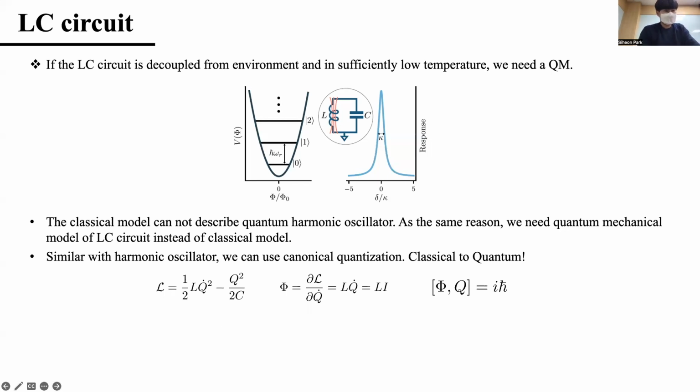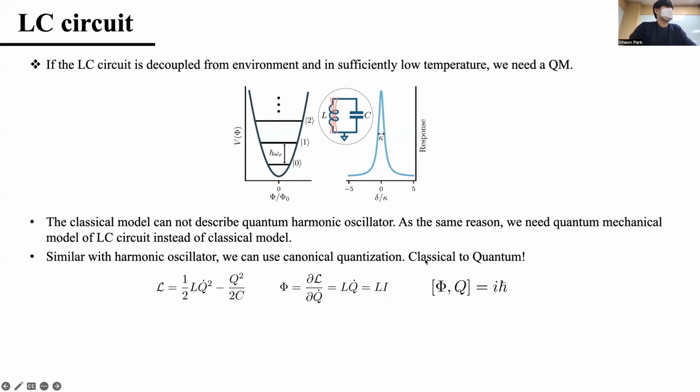So this is charge, and the conjugate variable can be calculated by partial differentiation. So we can define the conjugate variable of charge, and this is just current.